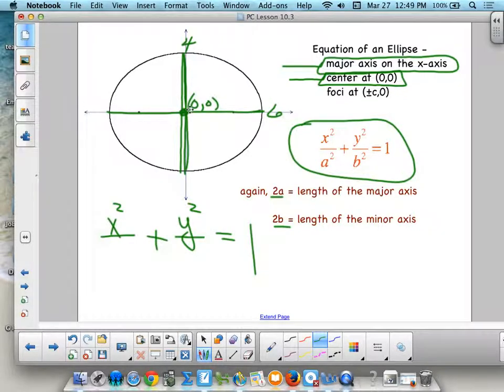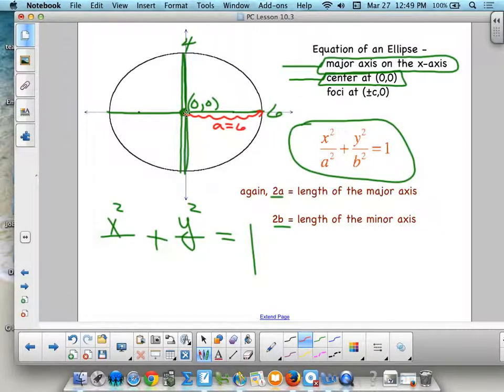Now, let's think about it. How do we write the equation? I told you the a squared comes off the major. Well, which one's the major? This one or that one? That one, the longer one. Now, tell me, what's a? 6. a is from center to vertex. a is 6.